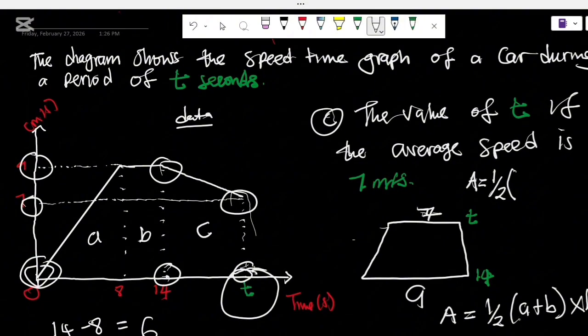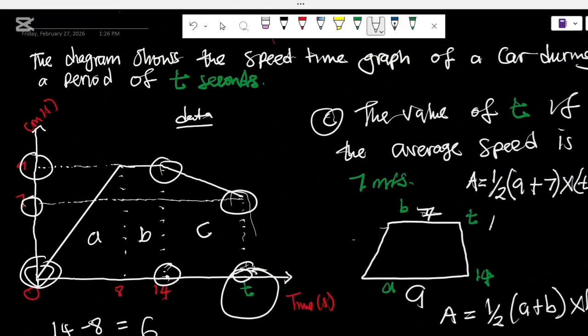Now A is corresponding with this particular side, and B is corresponding with this particular side. So these two variables are talking about the two parallel lines that are making up that trapezium. So in this case, we are going to have A, which is 9, plus B, which is 7, and the height is here, which is actually t minus 14.